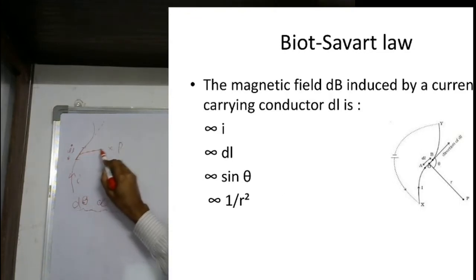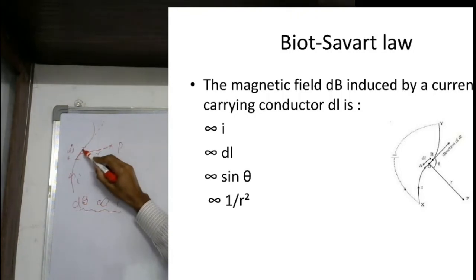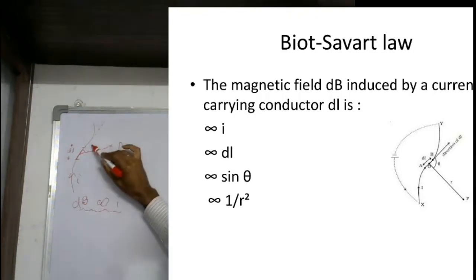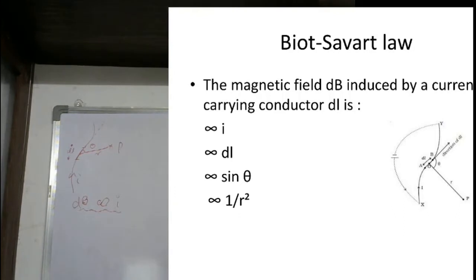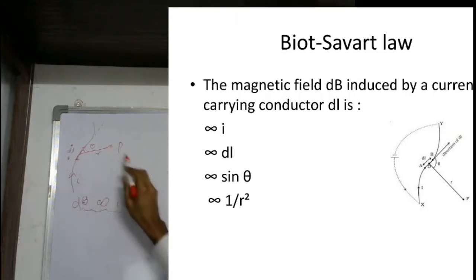This is at the distance r from the dl. How much angle is it making with dl? Say theta. What is the angle between the direction of the infinitesimal element and r? Theta.